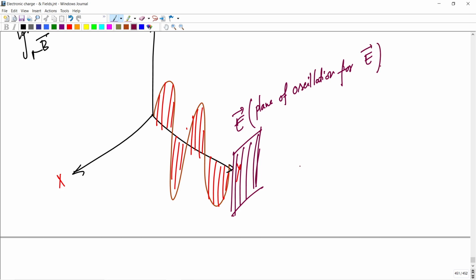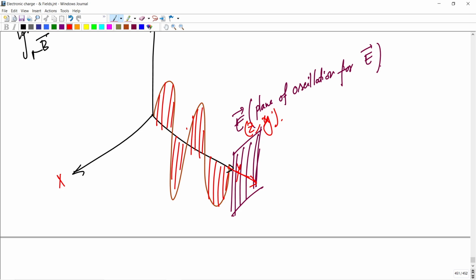These oscillations are in one direction, vibrating in Z and propagating in Y.